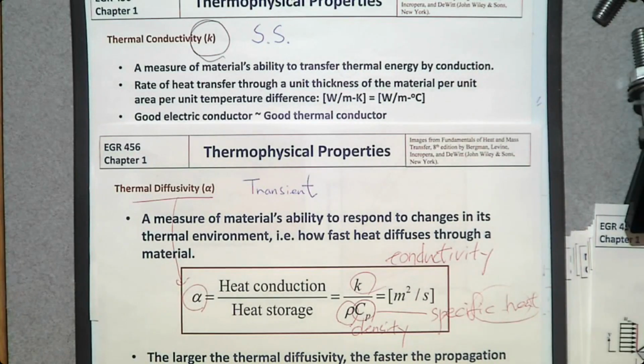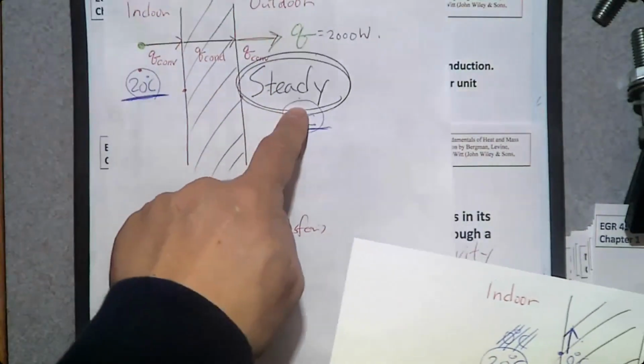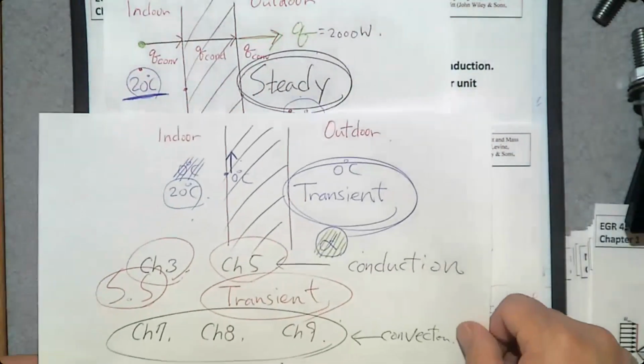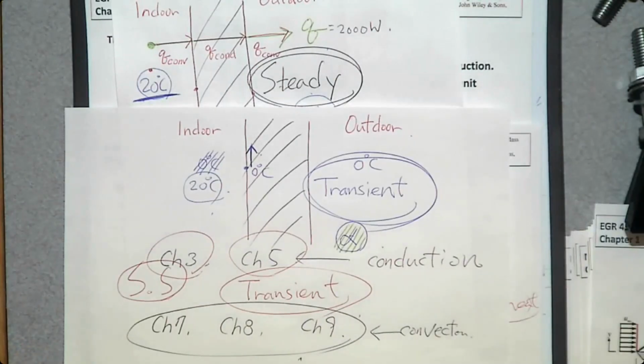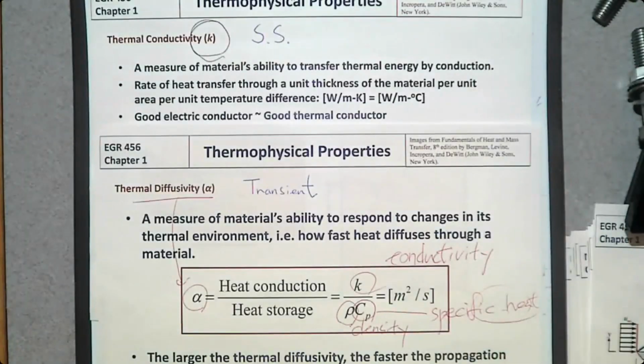So we studied that there are steady heat transfer problems and there are transient heat transfer problems. How do we know a heat transfer problem is steady state or transient? And we learned there are 2 material properties. One is thermal conductivity that we use in steady state heat conduction.